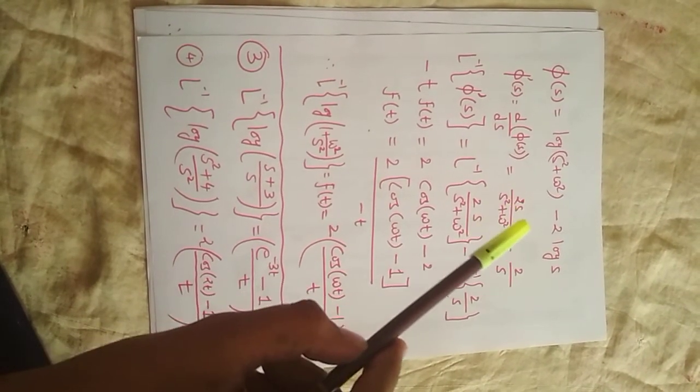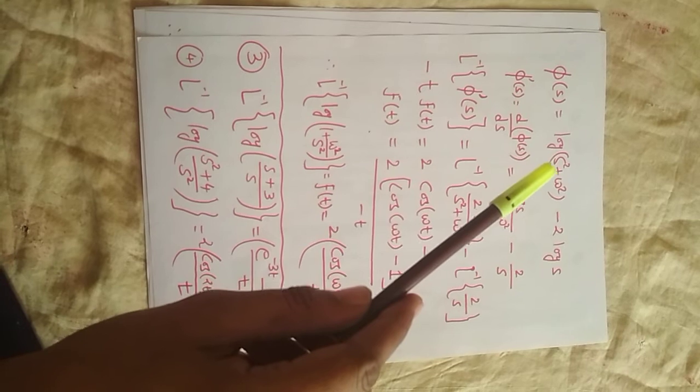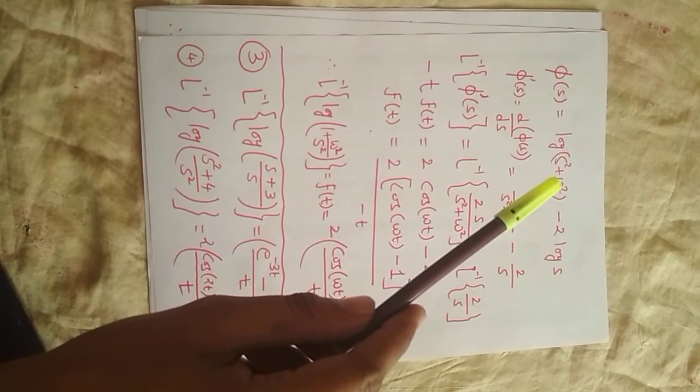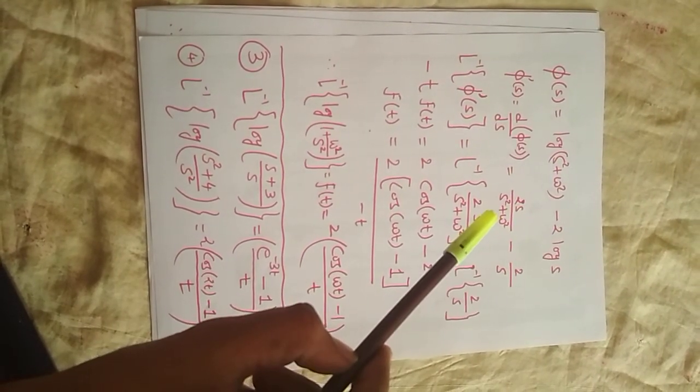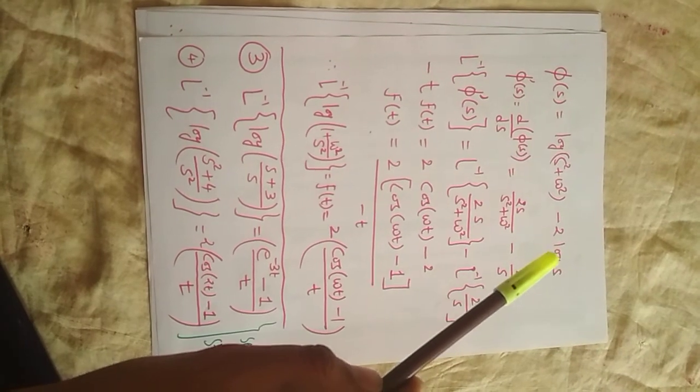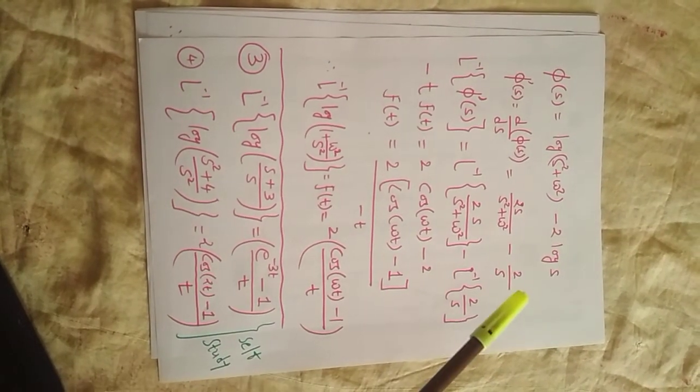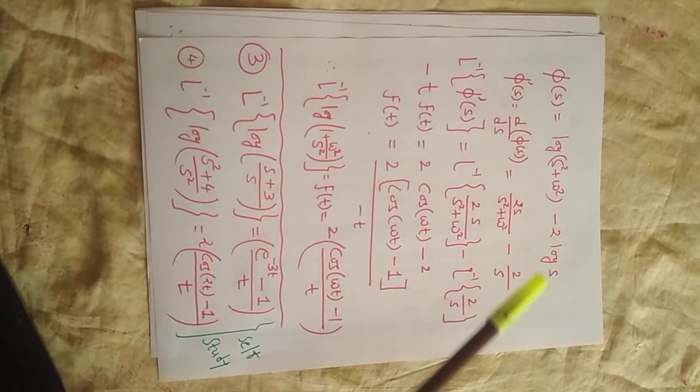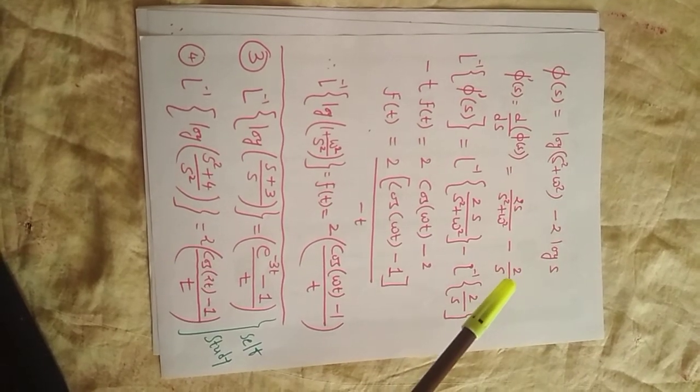So the derivative of log of (s square plus omega square) equals 2s upon (s square plus omega square), and the derivative of log of s is 1 upon s. That means this part's derivative is 2 by s.